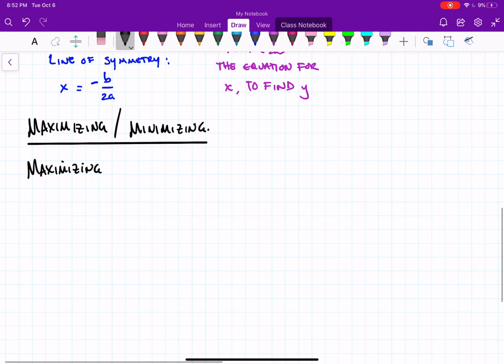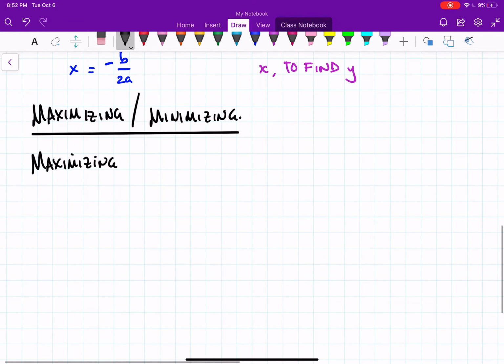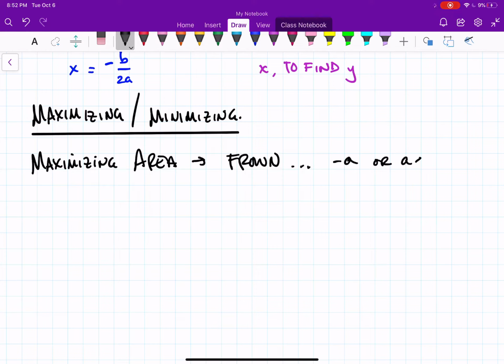And usually they're going to ask you to maximize area. So we would look at the graph of the frown. In other words, it's going to be a negative a, or a is less than 0. All right?